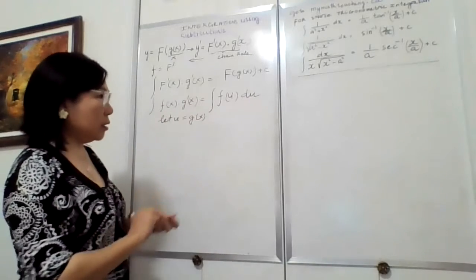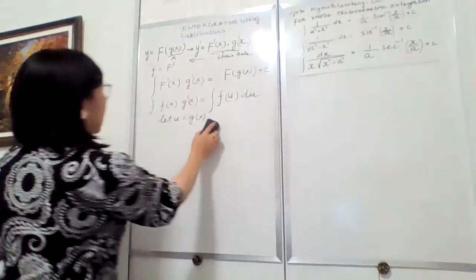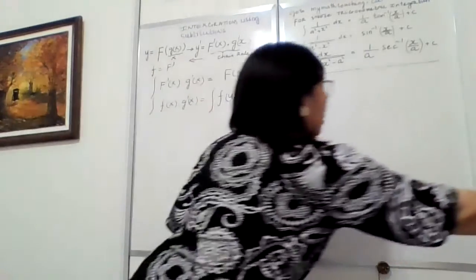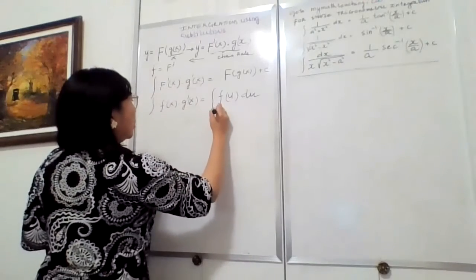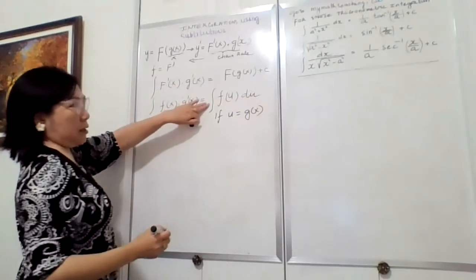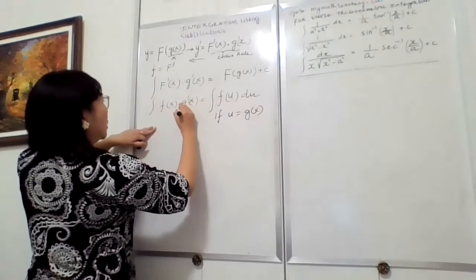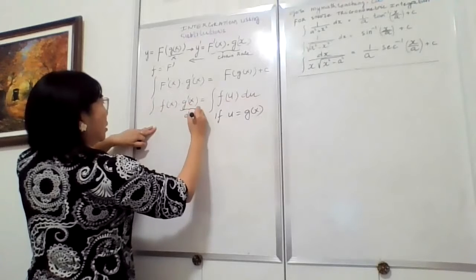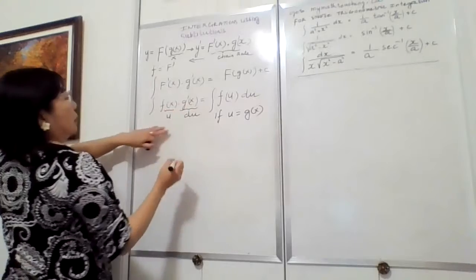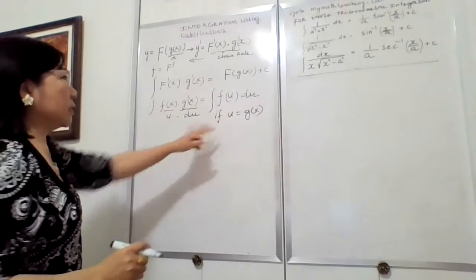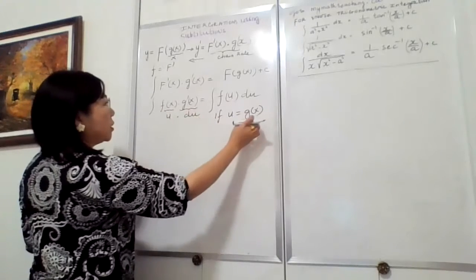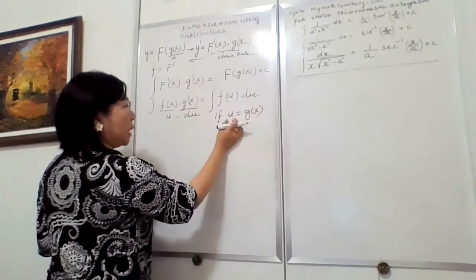Then we will have the function back if we let u equal g of x. This chunk here we call du, and this is the new u function. We call this substitution because we substitute g of x, the inner function, by the letter u.